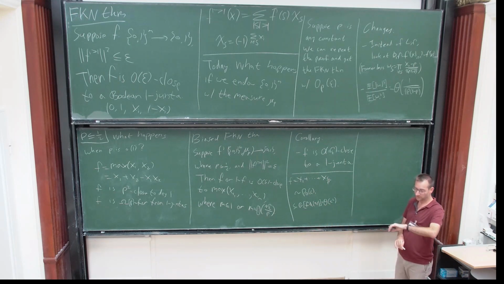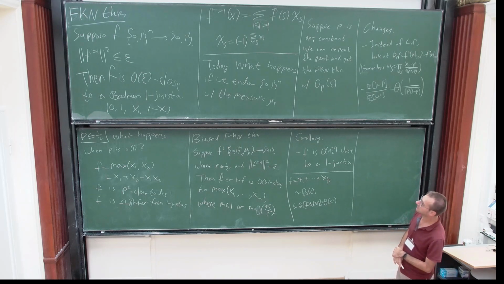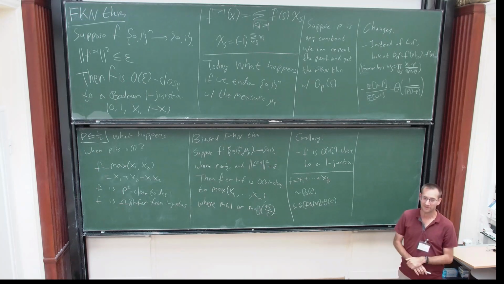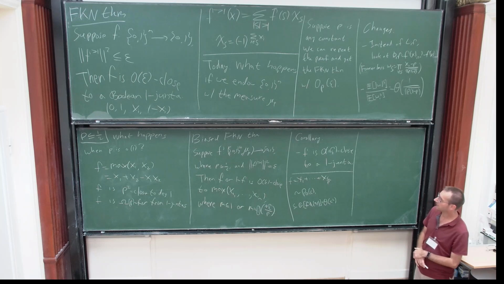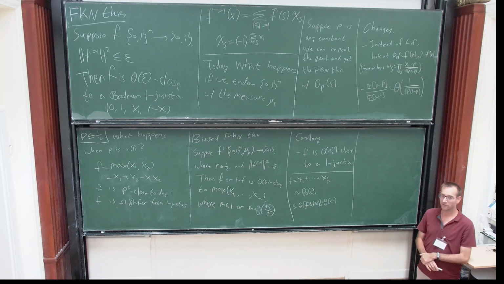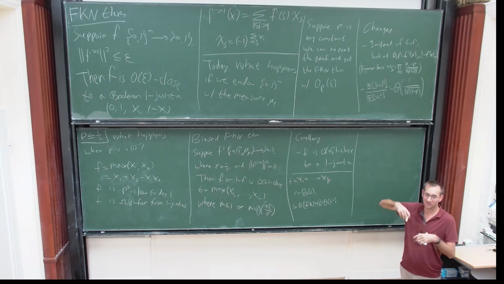Okay, so in the rest of today, I'm hoping to give you maybe not a complete proof, but let's see. My goal was actually to prove an FKN theorem for the slice, where you fix the Hamming weight, the number of ones, and then you can derive this by taking n to infinity.